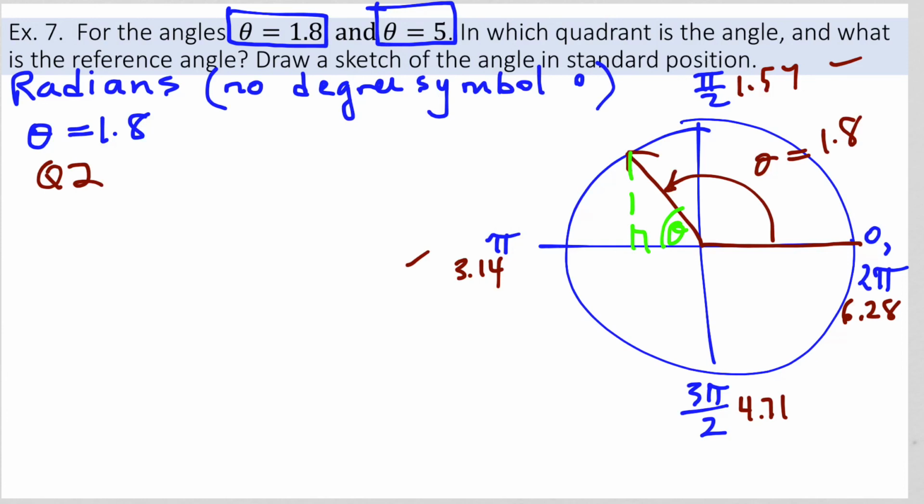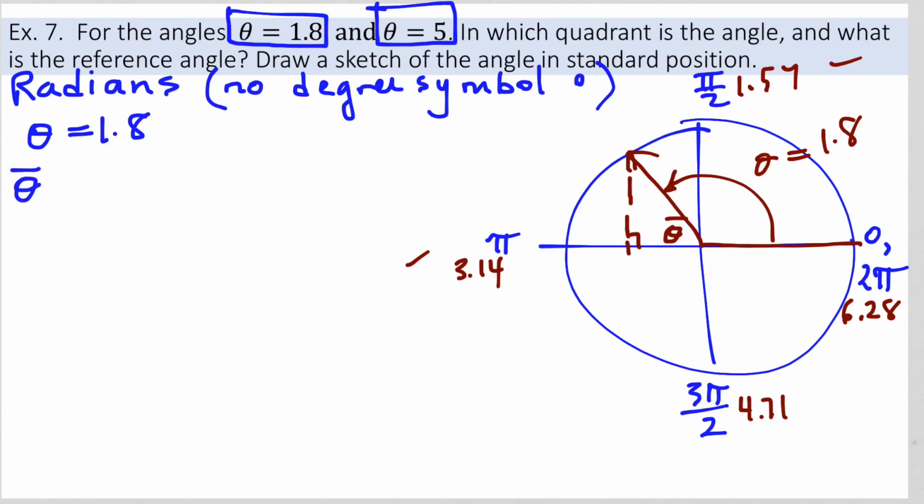Well, if I have 3.14 or pi radians, so finding the reference angle, I would drop my perpendicular down to the x-axis. So I'm talking about this angle. Let's just call it theta bar right there. So if this is pi to here and 1.8 radians to here, so that's 3.14 radians all the way over to here, I could take off that 1.8 radians, which would give me this reference angle here.